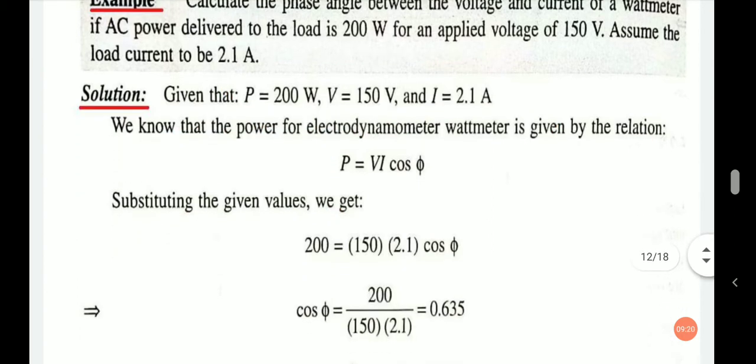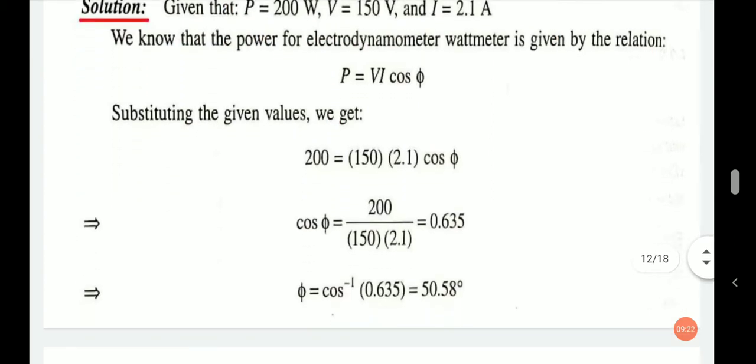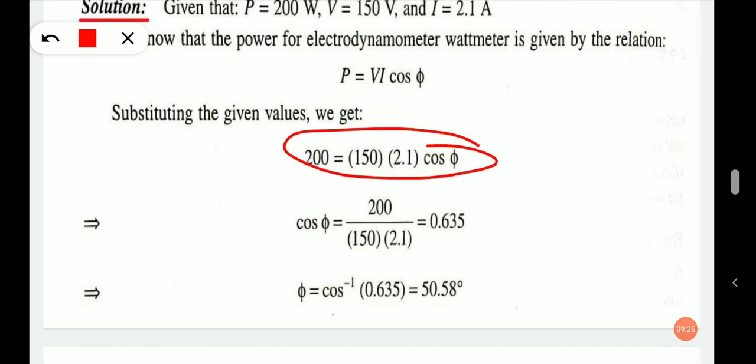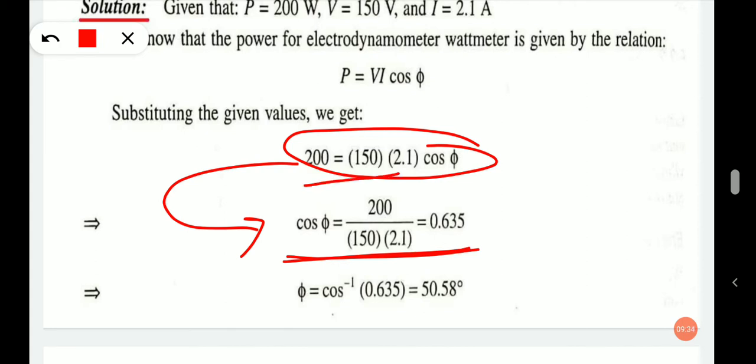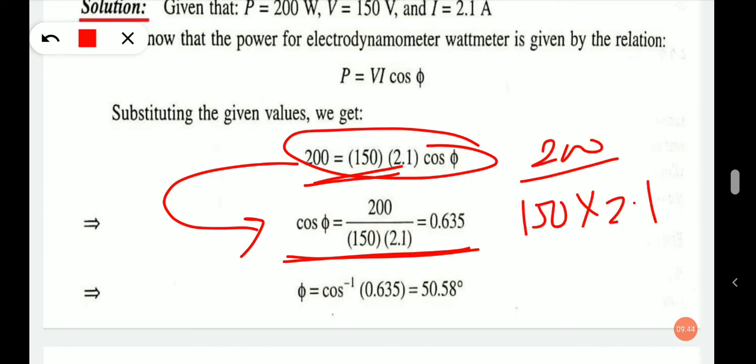So from this equation we can write the equation for cos phi: cos phi equals 200 by 150 into 2.1.